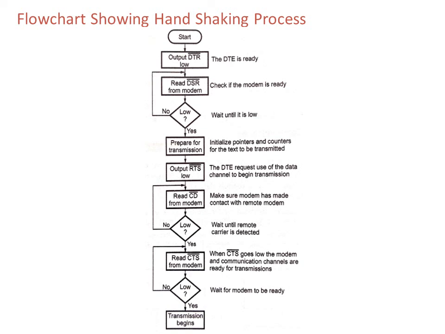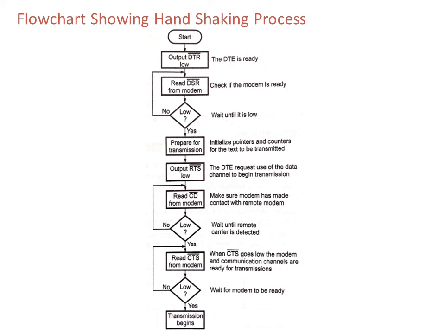If the DSR signal is low, that means the modem is ready. The next step is to initialize pointers and counters for the text to be transmitted, that is, prepare for transmission. After that, the DTE requests use of the data channel to begin transmission, so the RTS signal should be low. Then make sure the modem has made contact with the remote modem.